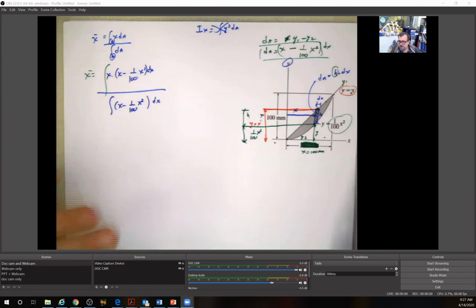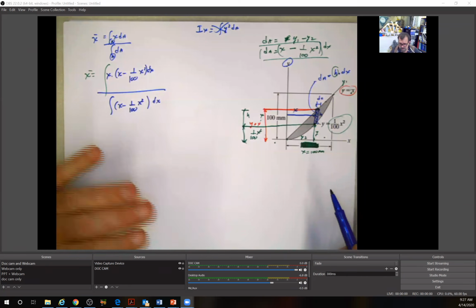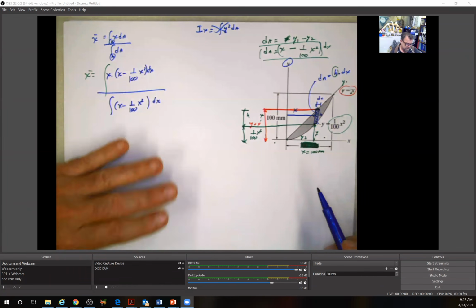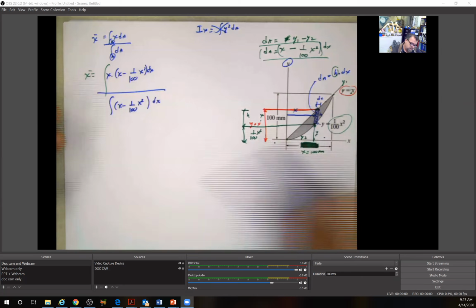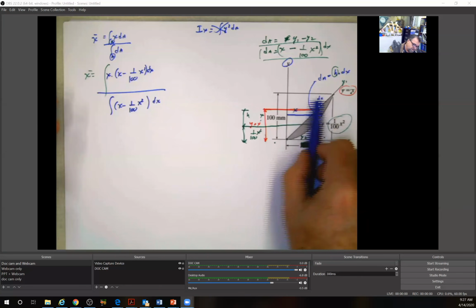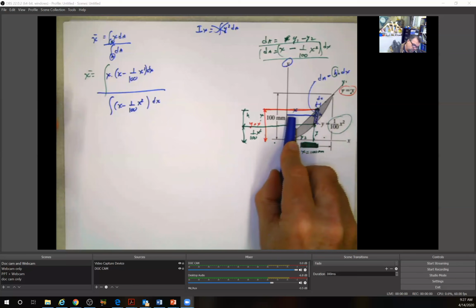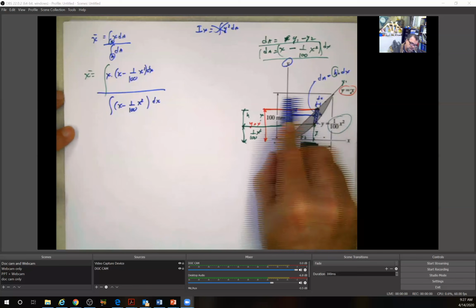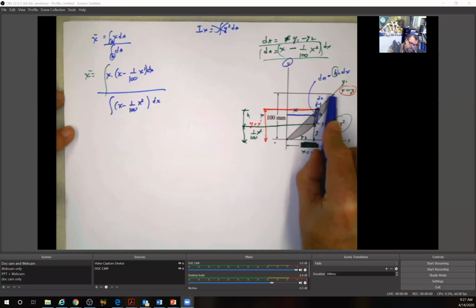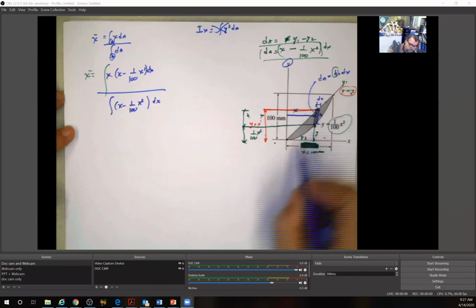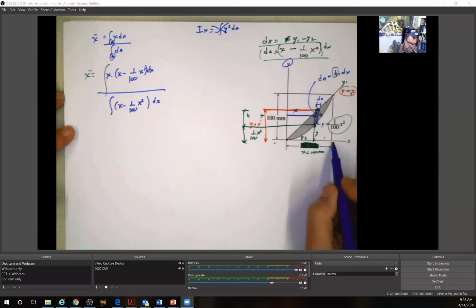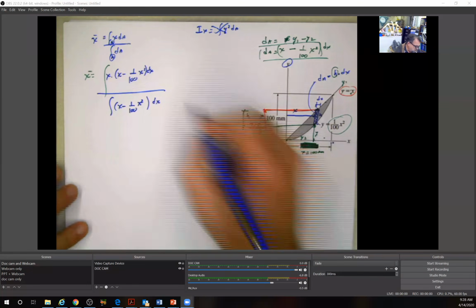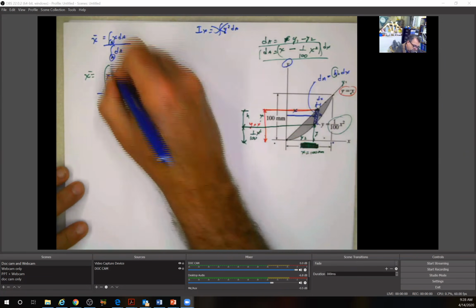The other important thing here is that you have to identify how you are conducting this integration. If your differential of area is this one, you have to sweep the whole shape in this direction, from left to right. So you have to go from x equals 0 up to x equals 100. Those are going to be your integration limits.